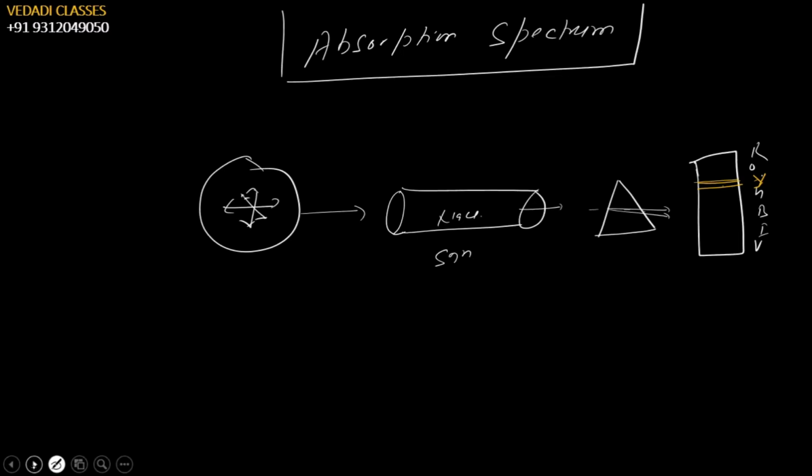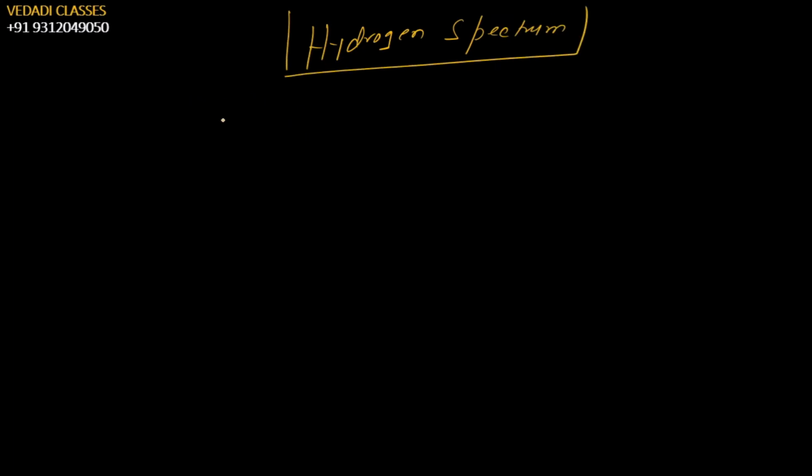Now there is one more, that is the hydrogen spectrum. The hydrogen spectrum is also a type of emission spectrum. Okay.